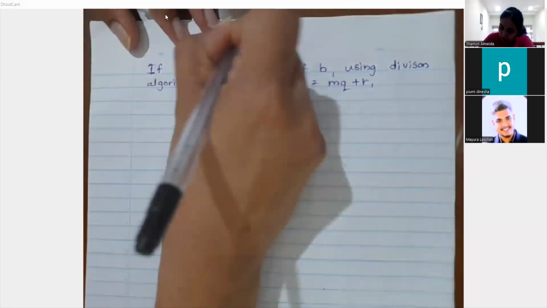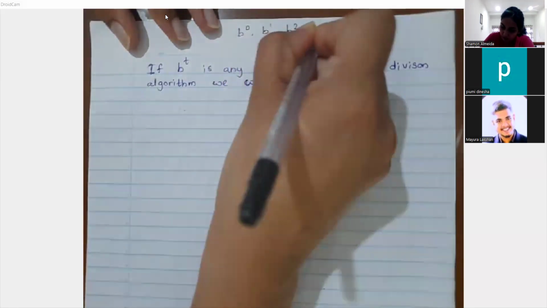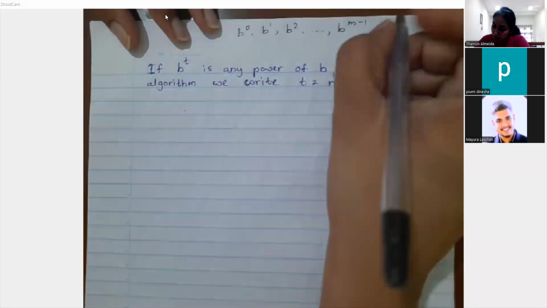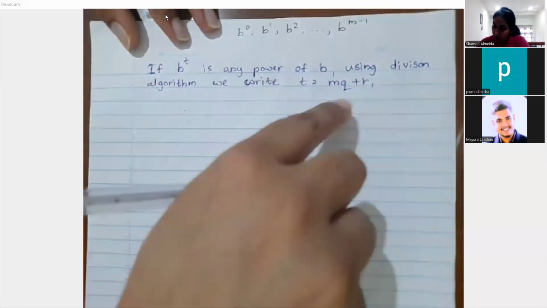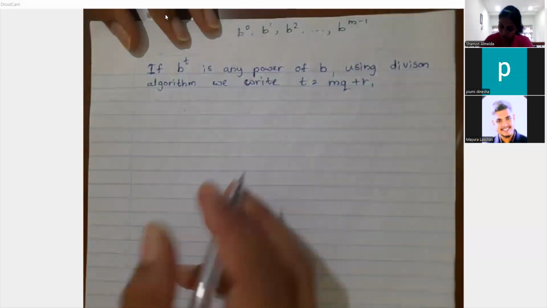Now we want to see if we have any other positive power of B outside of that given set. So far we have these elements B^0, B^1, and so on. Now we want to see whether for some t that is greater than m, we have that element to be in this set, right?